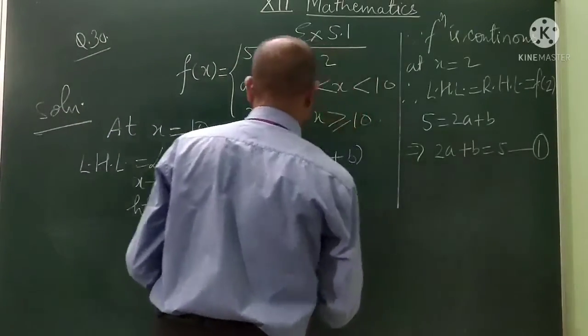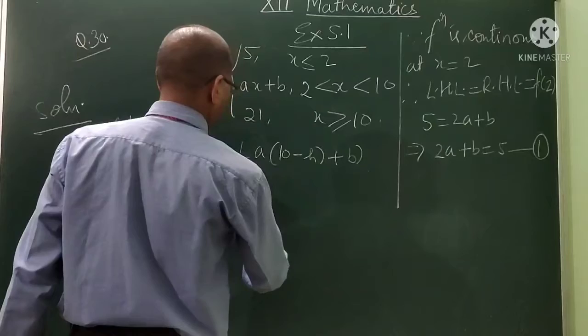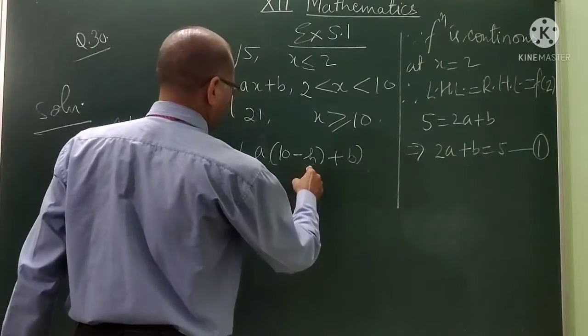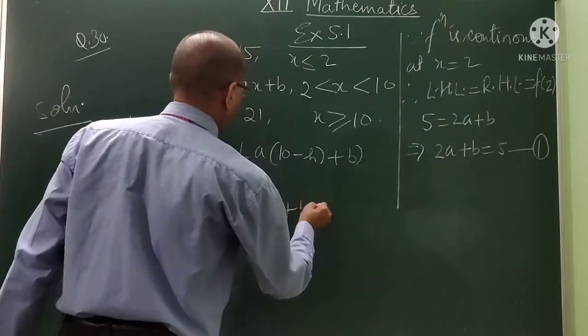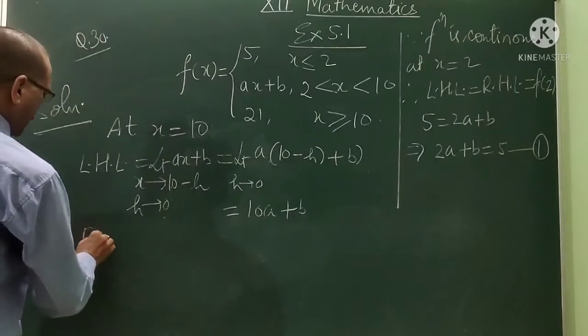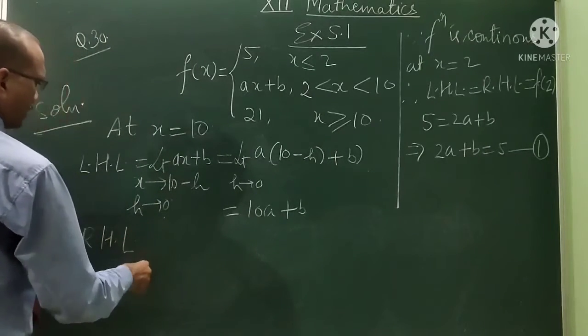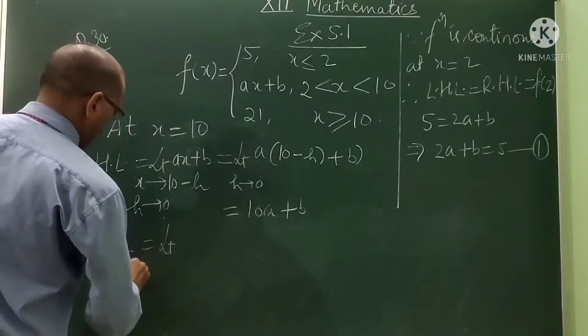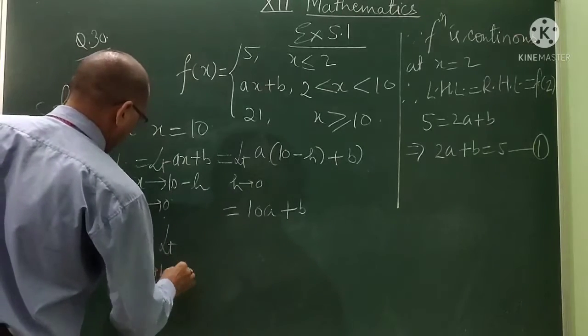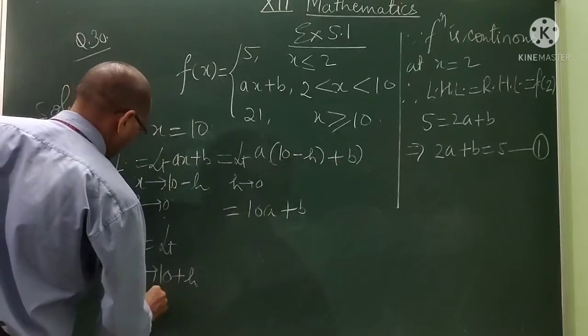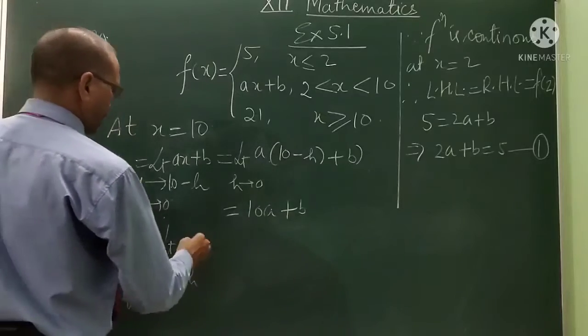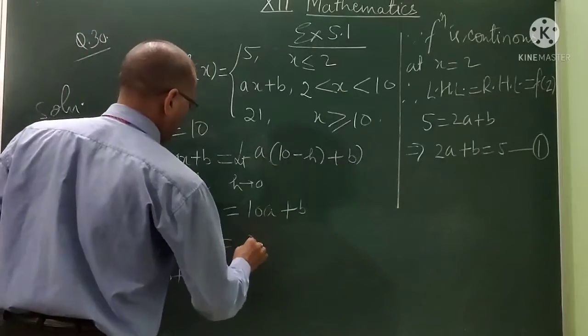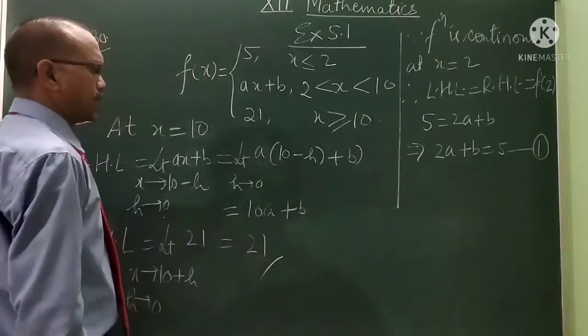Now it is 10a, h is 0, plus b. Then the right limit, it is limit h tends to 0 of x equals 10 plus h, and it is 21. So it is 21.